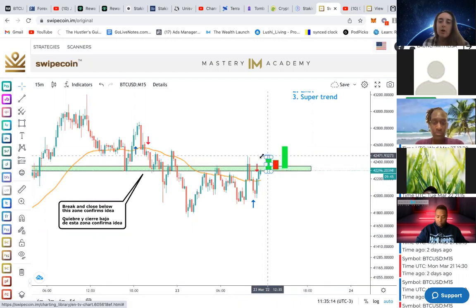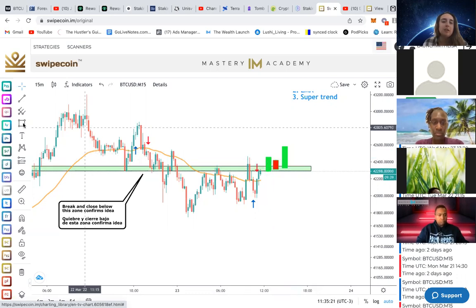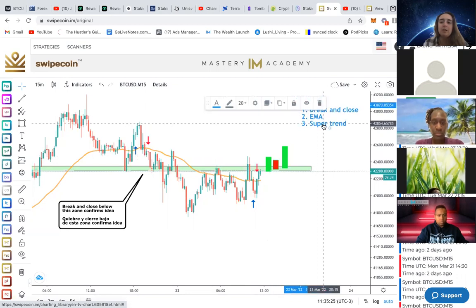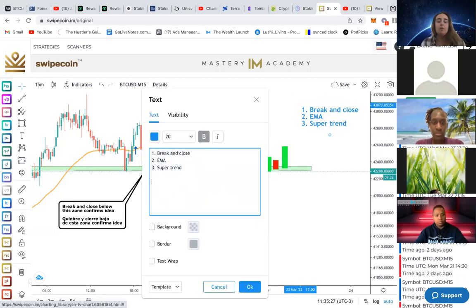So after this 15-minute candle closes, we can look to enter the trade. Now, with Sean's strategy, you only want to be looking to enter on these times, right? The 00, the 15, the 30, and the 45, right?